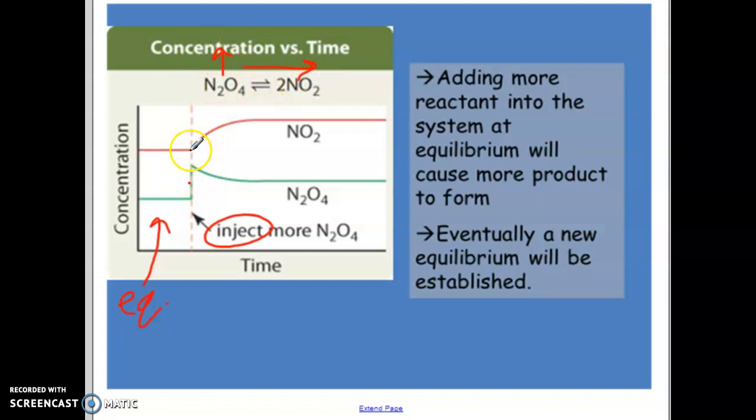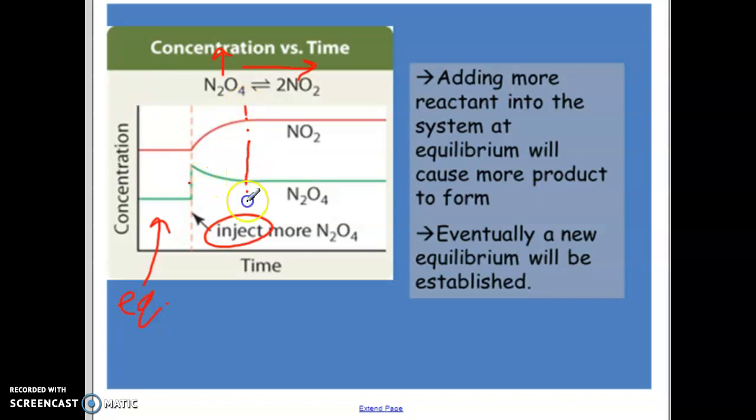If you look at the product concentration, it was in equilibrium, and then all of a sudden it increased. The reactant, even though we added a bunch in, starts to get used up again. So the concentration is beginning to decrease.